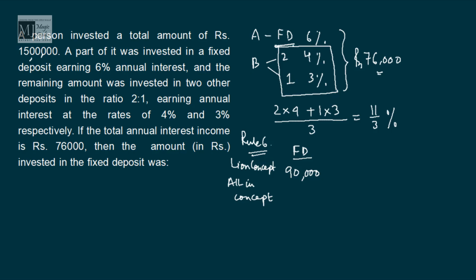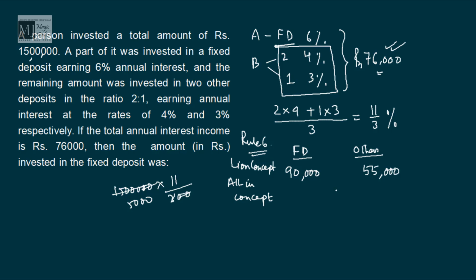If the entire 15 lakh is invested at 6%, I should get 90,000 as the return. Now if the entire 15 lakh is invested in type B investment, I should get 15 lakh into 11 by 300 as return. That is 55,000 should be my return.